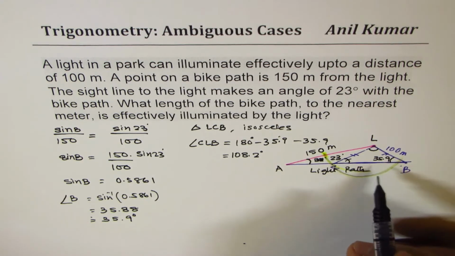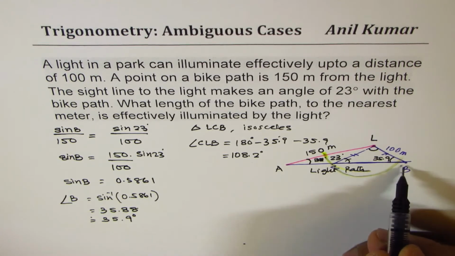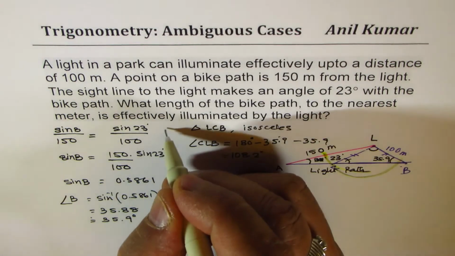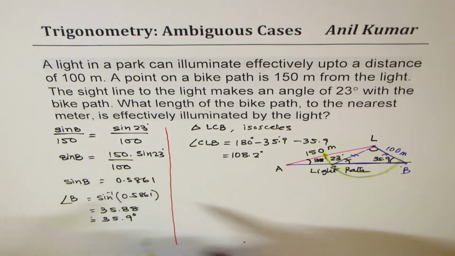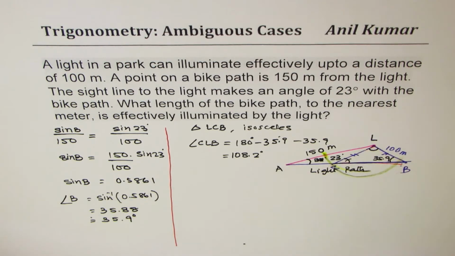Okay. Now based on this, we can find CB using sine law once again. As you can see, first we applied sine law, now we'll again apply sine law to solve this particular triangle.